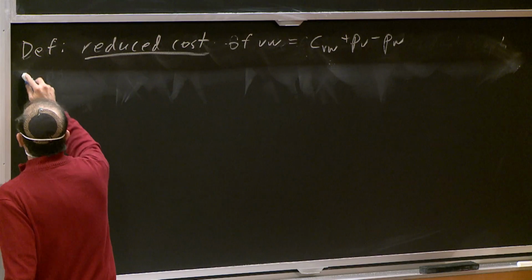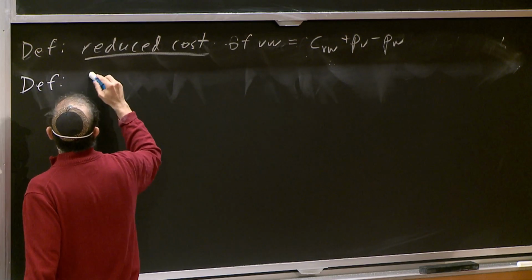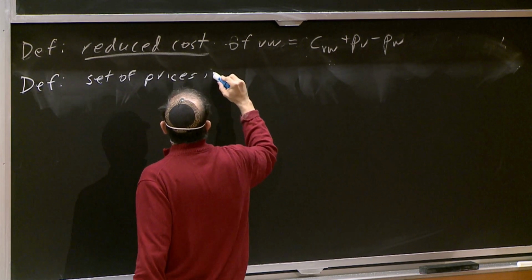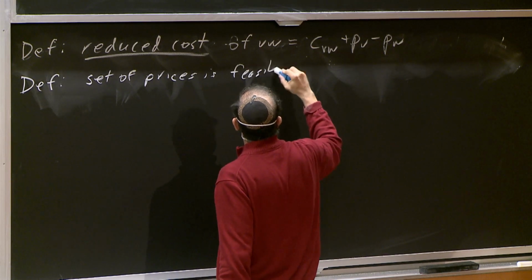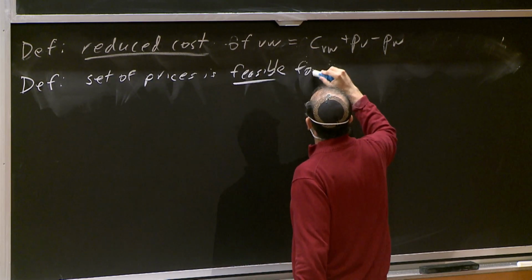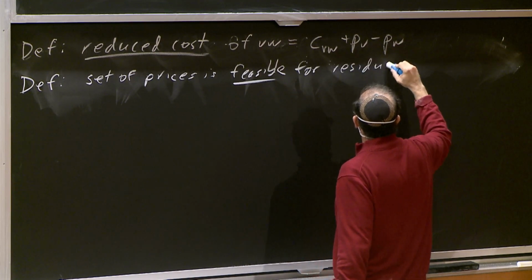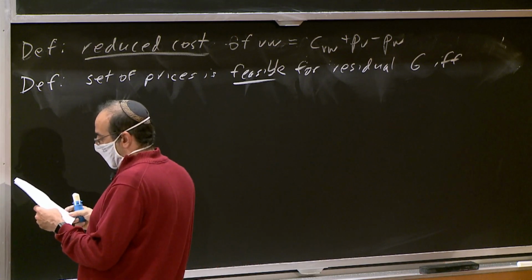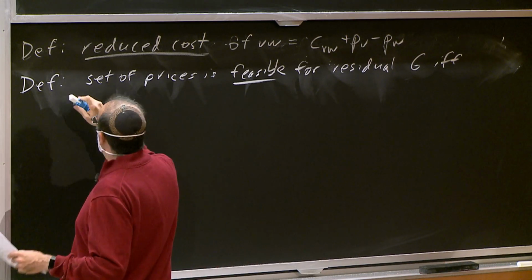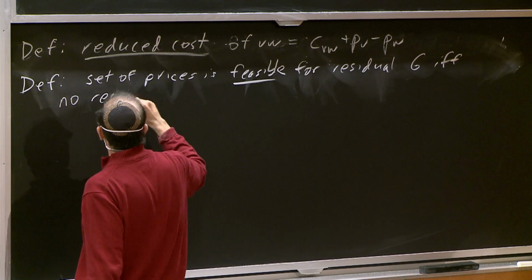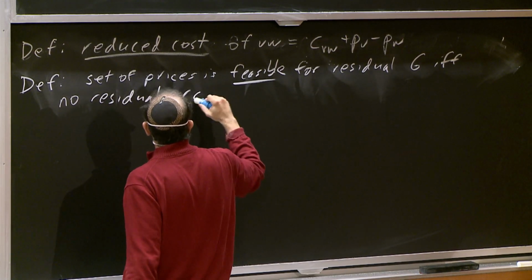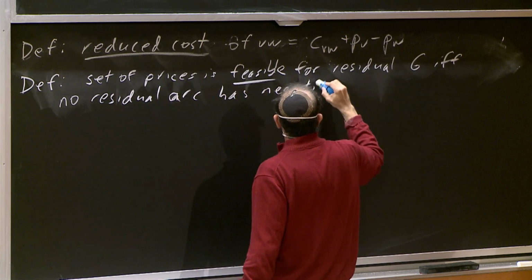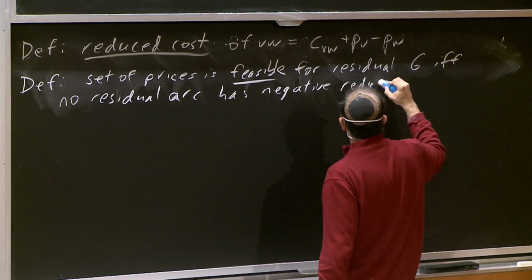Okay? And so now I can put up that other definition. A set of prices is feasible for a residual graph if no residual arc has a negative reduced cost.